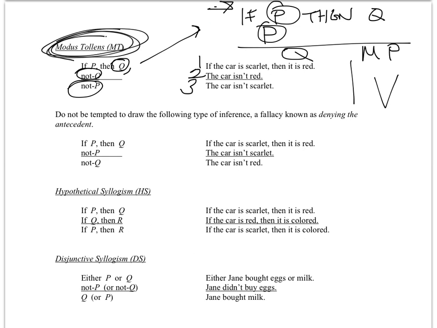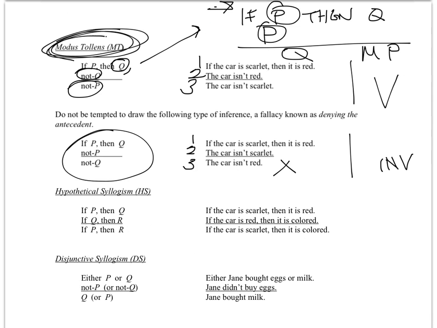And this argument doesn't have this virtue of supporting the conclusion. This argument says, if the car is scarlet, then it's red. The car isn't scarlet, and it concludes that the car isn't red on the basis of these two premises. But this doesn't follow. Just because it's not scarlet doesn't mean that it couldn't be another shade of red, like crimson. So this is an example of an invalid argument.